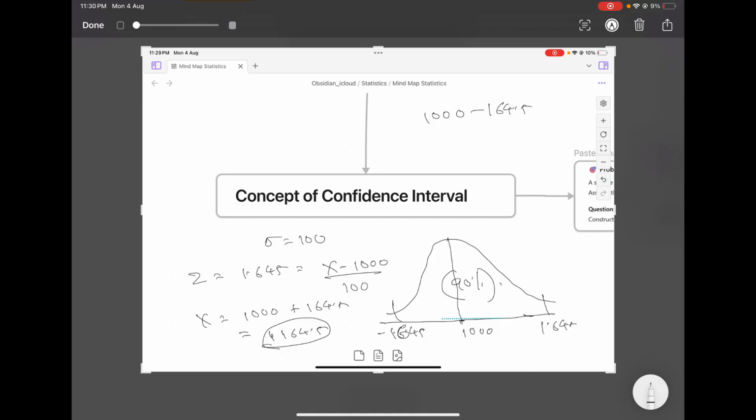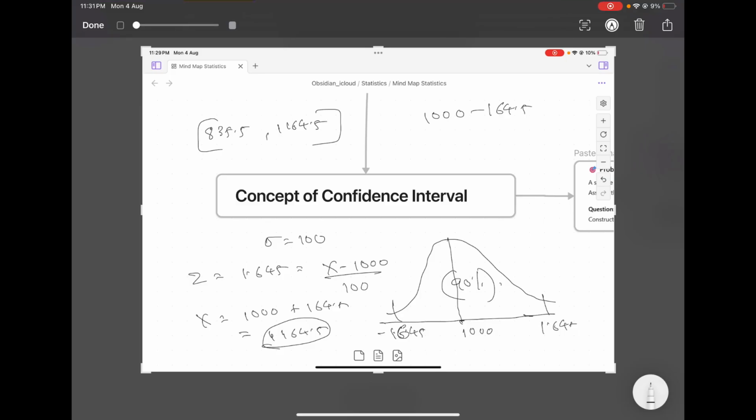So this is how you build the confidence interval. All the 90% of the bulbs will have a life between 835.5 and 1164.5.